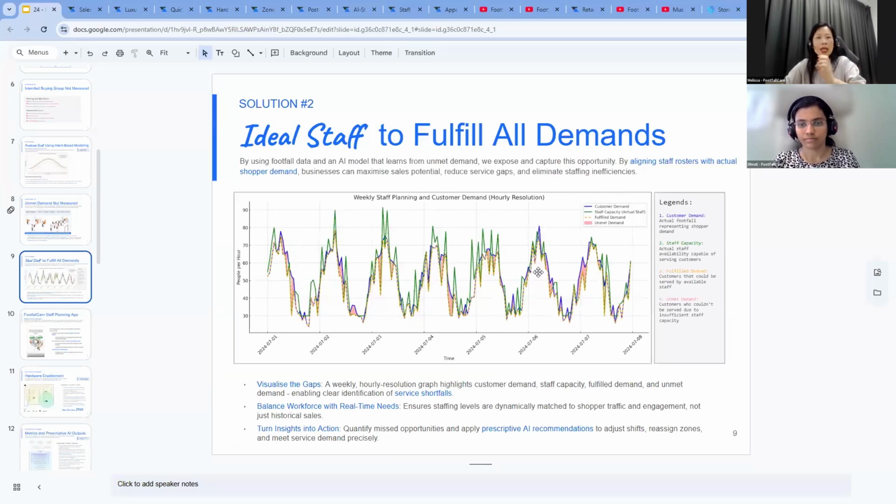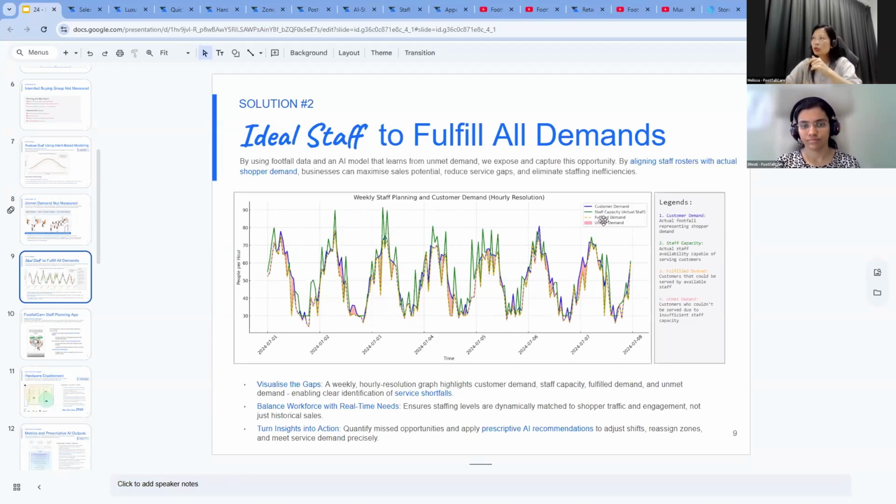Then you have your staff capacity. This is the actual staff that you have planned and they were there. It shows how many customers your team could realistically serve at that moment, based on who was on shift and how busy they were. Of course, when your staff is already engaged, they simply can't serve the next person.